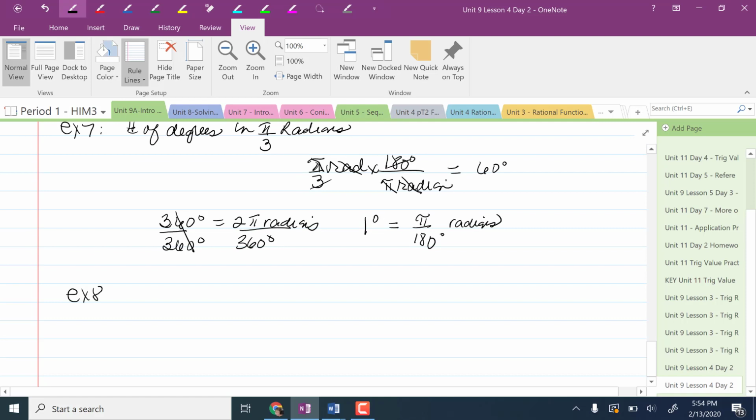And last example, how many radians in 350 degrees? We start with our degrees and we use our 180 degrees maps to pi radians. Our degrees will divide out, and we can reduce this fraction to 7/4.